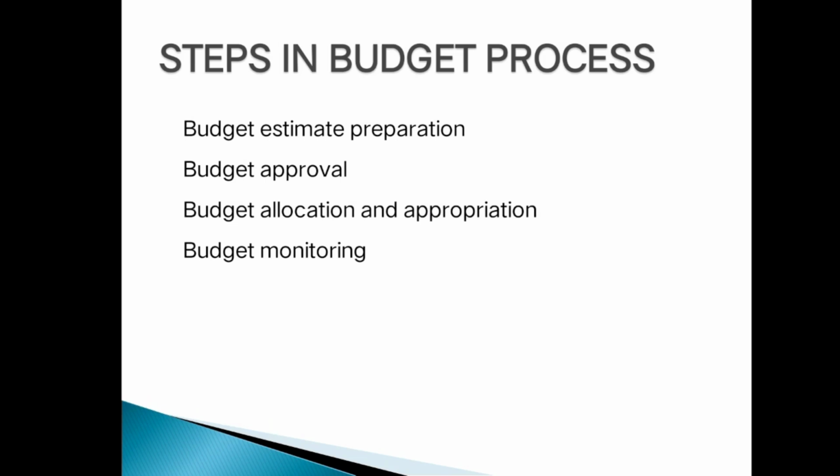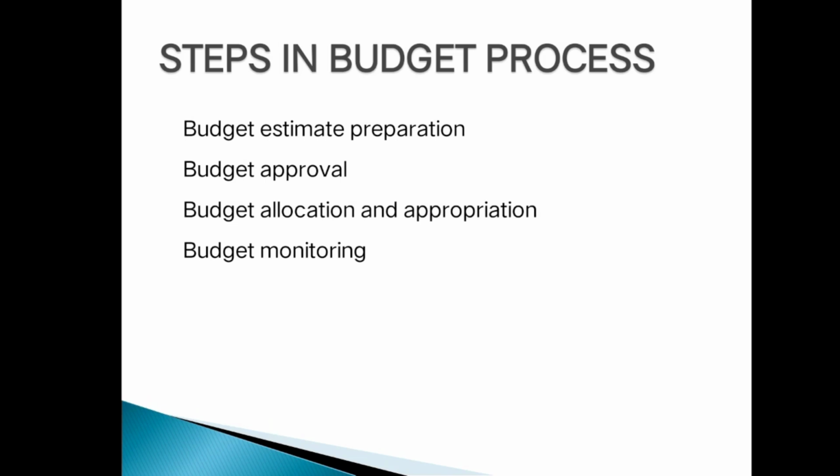I will have an estimation, that the pediatric BP cuff is around 2000. So I will keep in mind that when I do the budget planning for that particular BP machine for the pediatric population, I will include it as a particular amount. That is the estimate preparation; for each and every article we are going to procure, it should be listed.